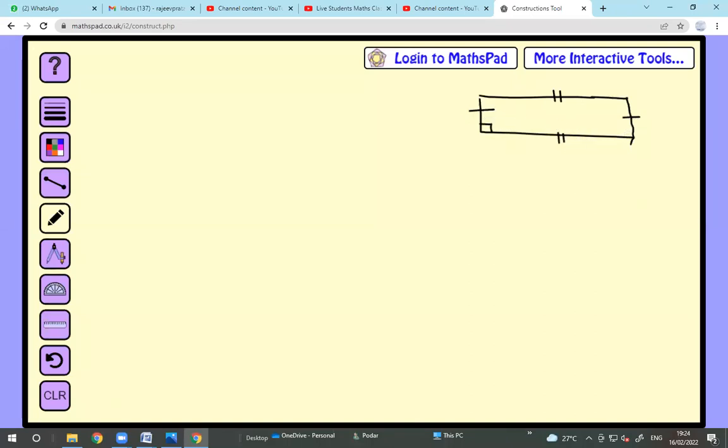All angles are 90. Yes. And also the diagonals are equal and they bisect each other. Is it okay? Yes, sir.